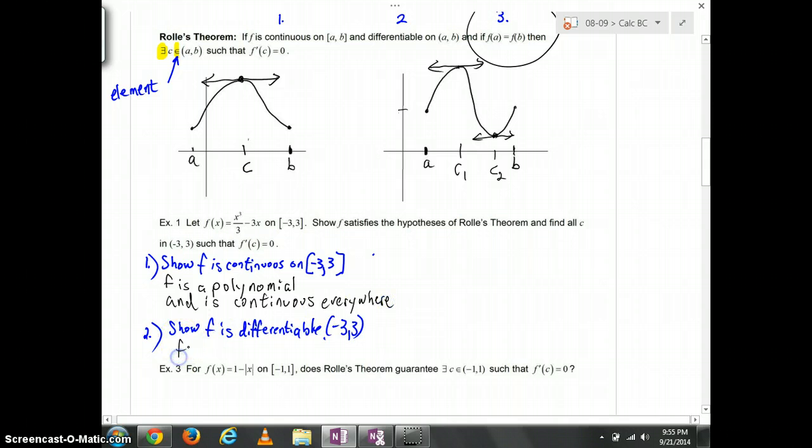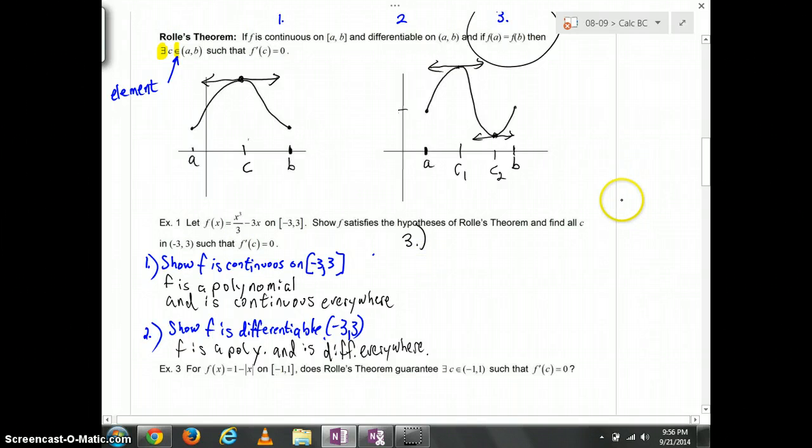Second of all, f being a polynomial is also differentiable everywhere. So that's wonderful. So if we don't have a polynomial, we're going to have to make mention about where the function might be discontinuous and pay attention to that. But thankfully, a lot of times we are given a polynomial to work with.